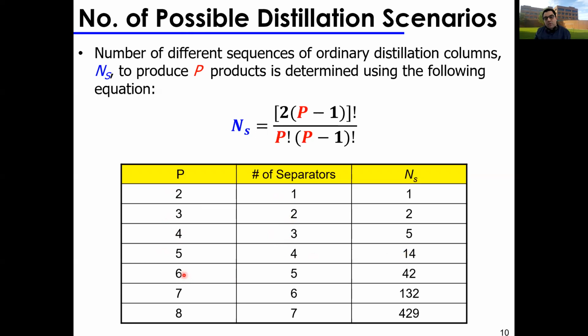If I want to separate 6 products, I would need 5 distillation columns, and I can arrange these distillation columns in 42 different arrangements. And if you have 7 products or 8 products and you want to separate them, you will need 6 and 7 distillation columns, but I can arrange these distillation columns in 132 ways, 429 ways.